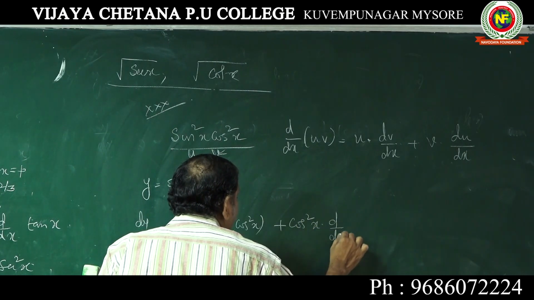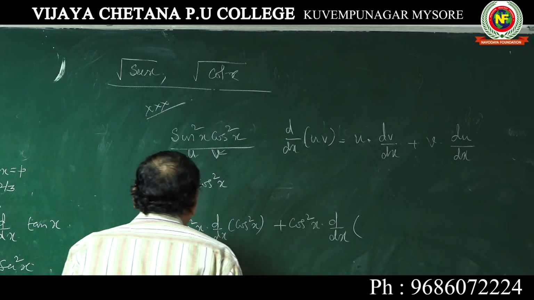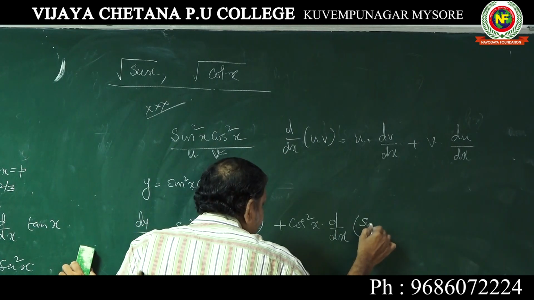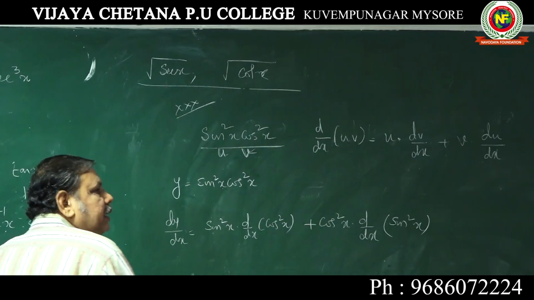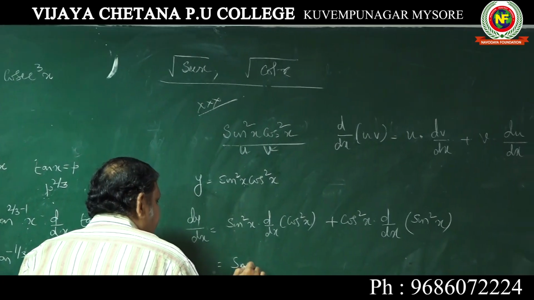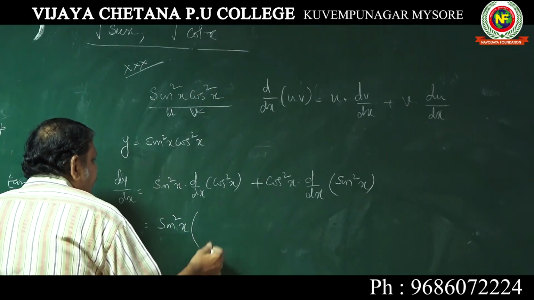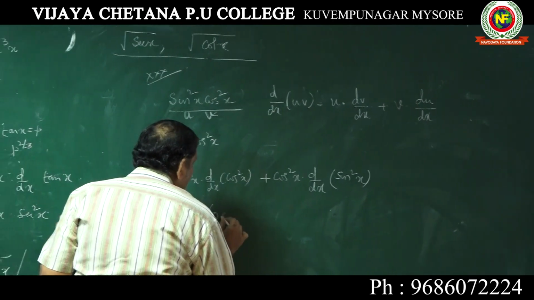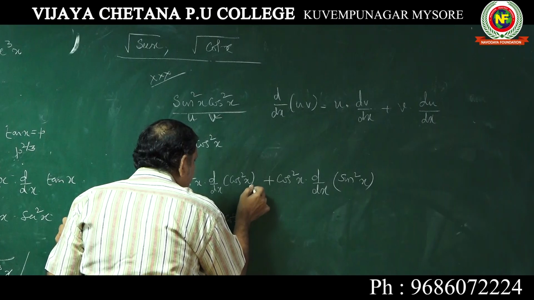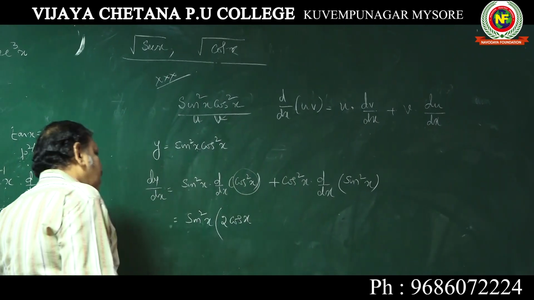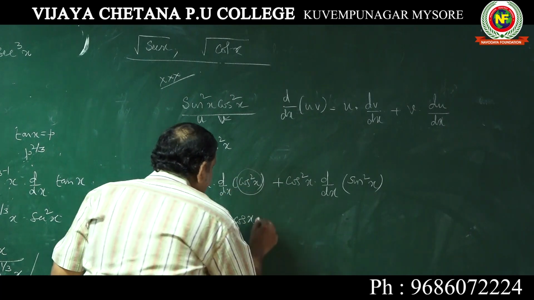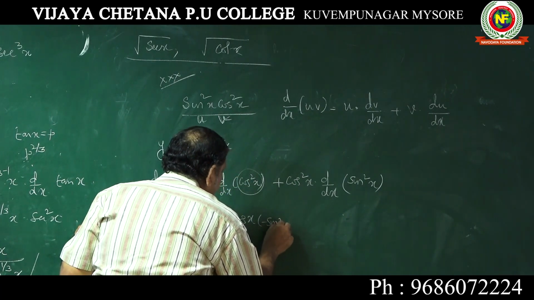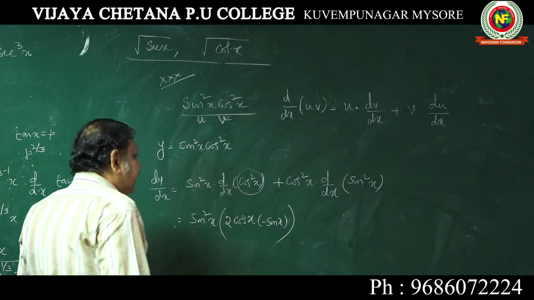Many times they give it, and many students attempt it wrongly. Or it is sin square x into the differential coefficient of cos square x: 2 cos x, here you know this is chain rule, into d by dx of cos x, which I write directly as minus sin x. Here I am not showing the d by dx.